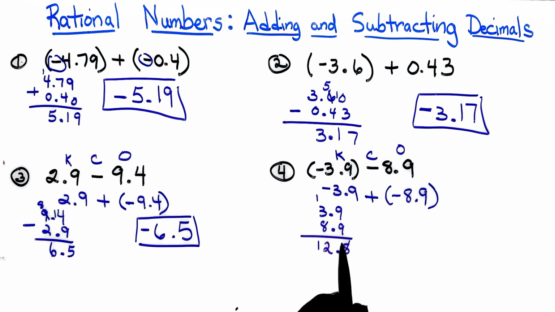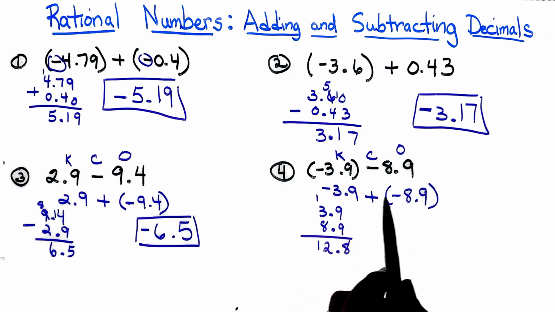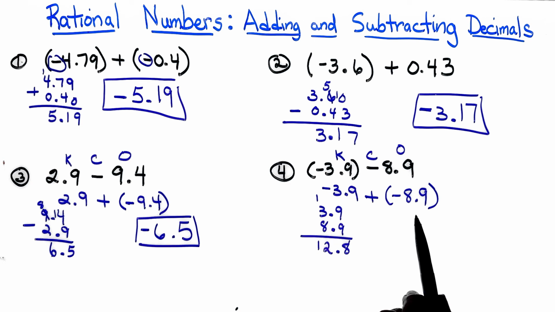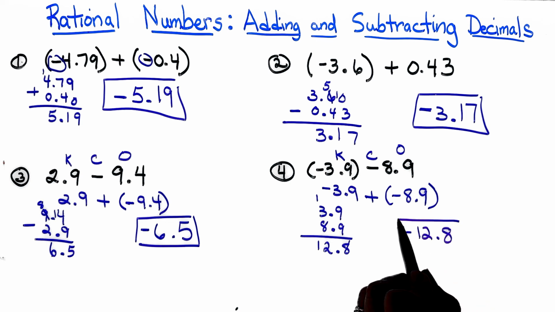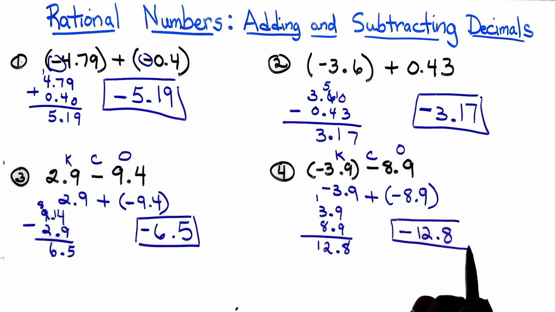When I'm looking at, again, the problem, they were both negative, and when you're adding, if both signs are the same, you just keep the sign. So I can't believe it. The 4 problems that I chose for us to do today all turned out to be negative, just by chance. So the answer to this question is negative 12 and 8 tenths.